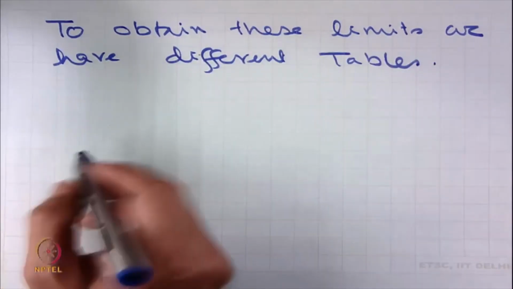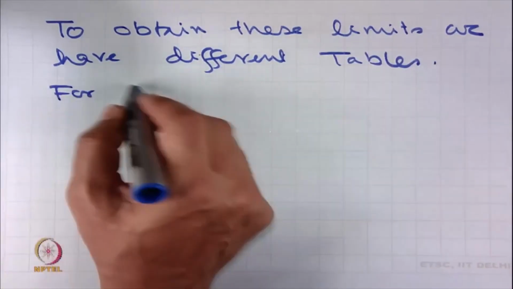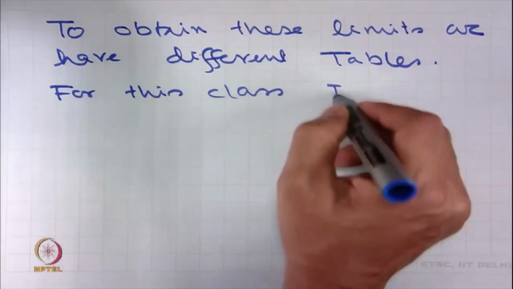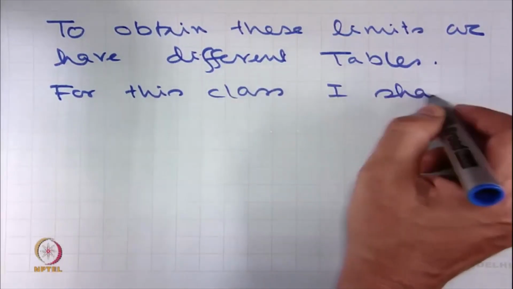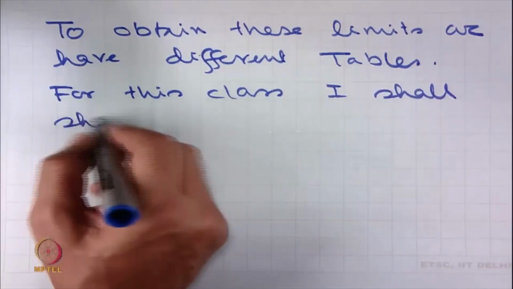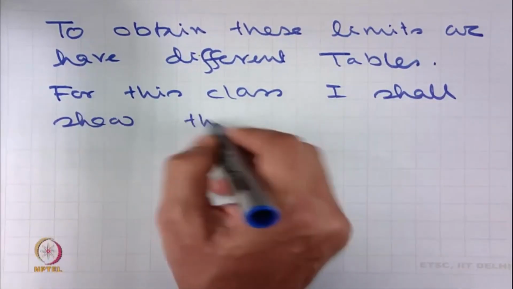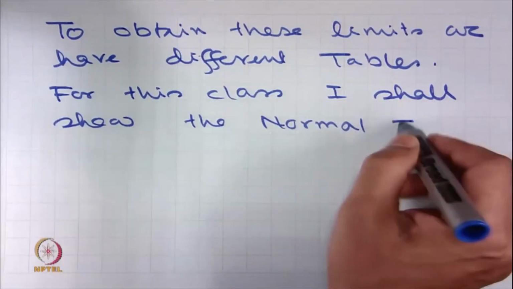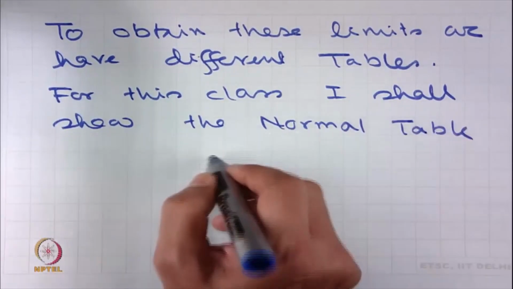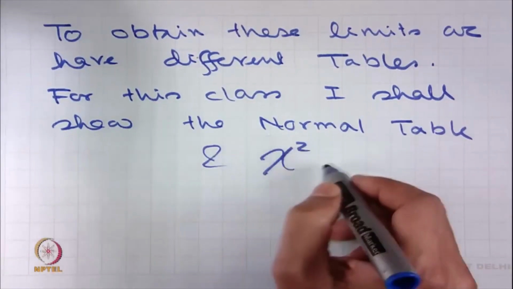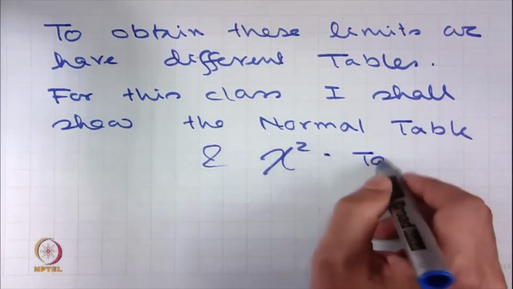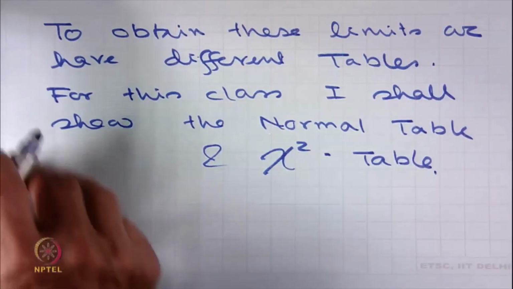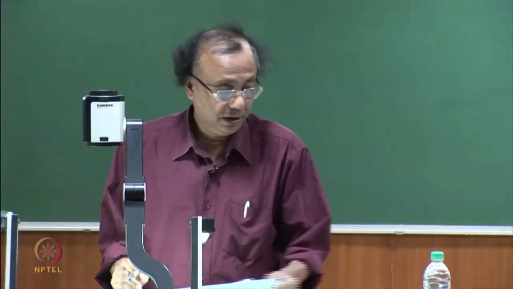For this class, I shall show the normal table and chi-square table. So, let us first understand how to see the normal table.